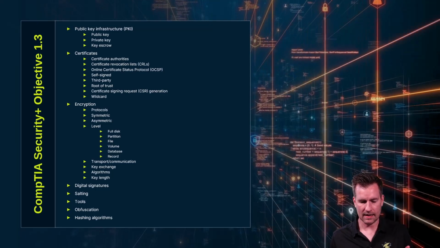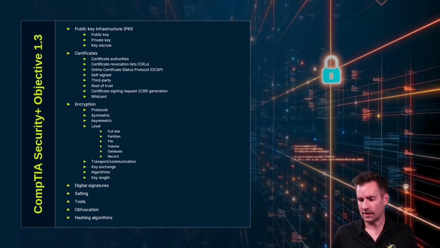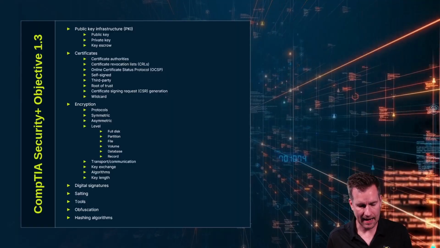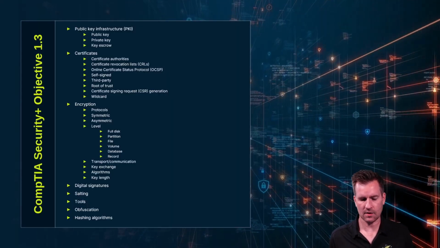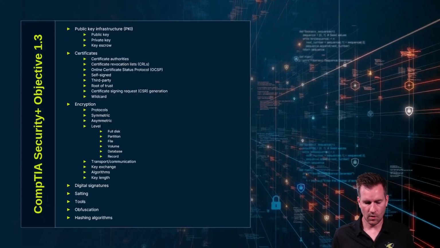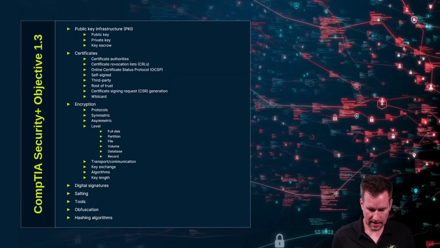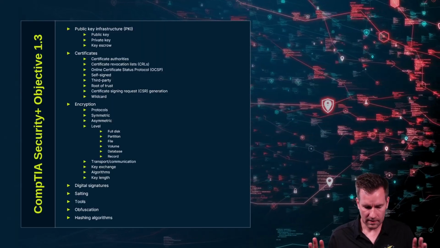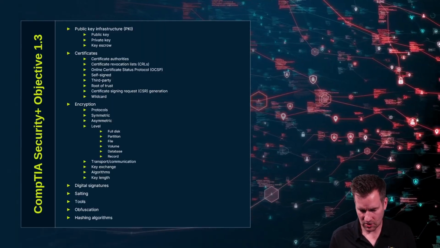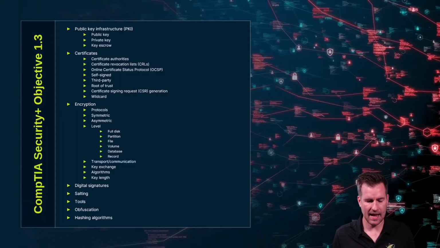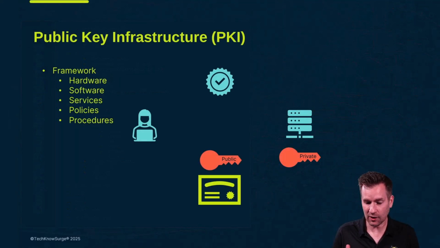We'll get into CSR generation. We'll talk about wildcards. We'll also talk about encryption from more of a high level here. Protocols, symmetric encryption, asymmetric encryption, different levels. We'll talk about transport and communication, key exchange, algorithms, key length, and then we'll get into digital signatures, salting. We'll just mention tools, obfuscation, and hashing algorithms. So quite a bit to cover there. A lot of cool stuff though.